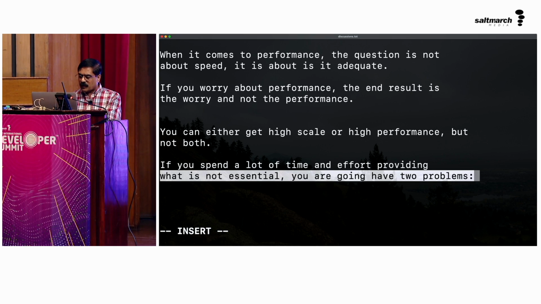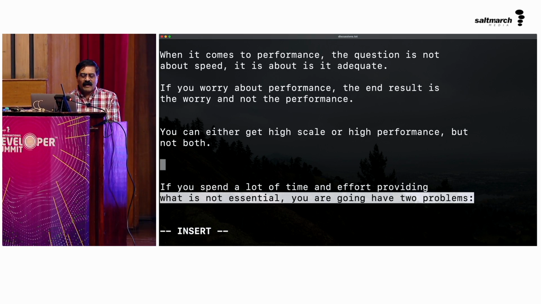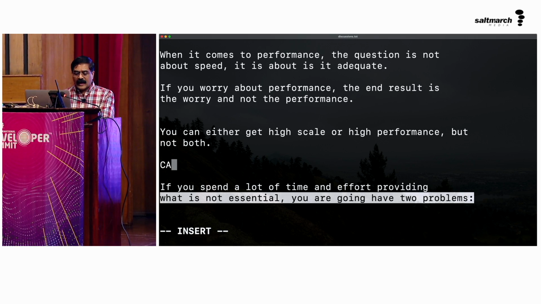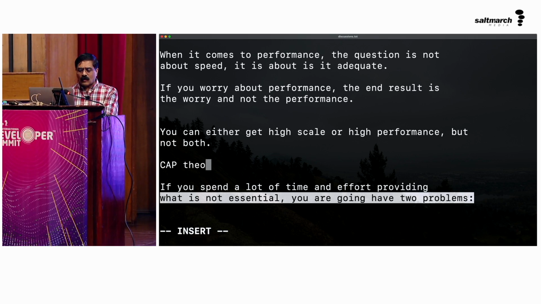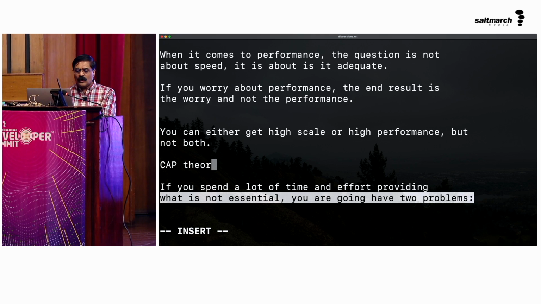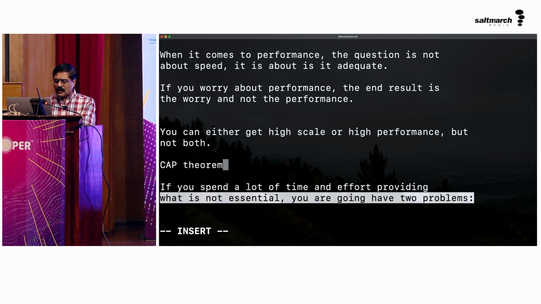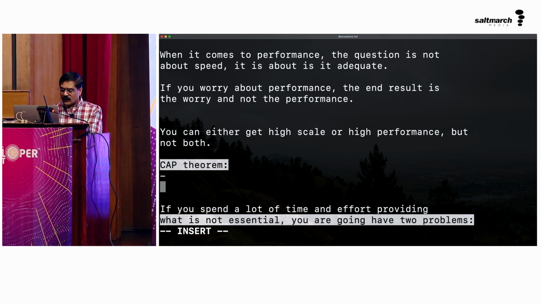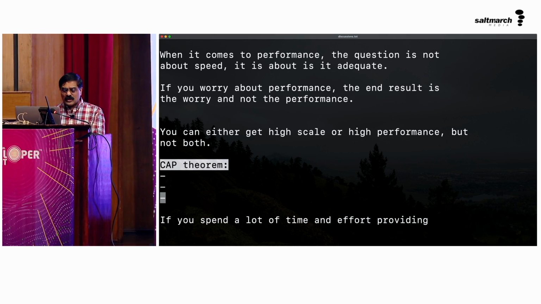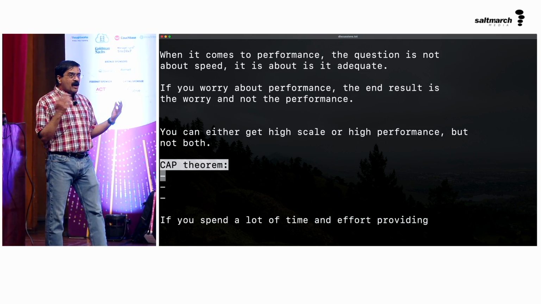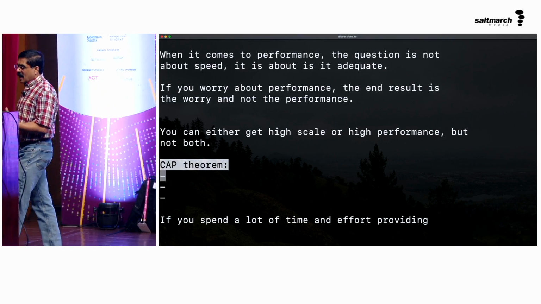I'll come back to these problems in just a minute, but just to emphasize it, this is an example of thinking about the CAP theorem. The CAP theorem is a good reminder about where these constraints come in. This is a theorem that's been proven. So this is not just a thought or an idea, it actually has been proven.